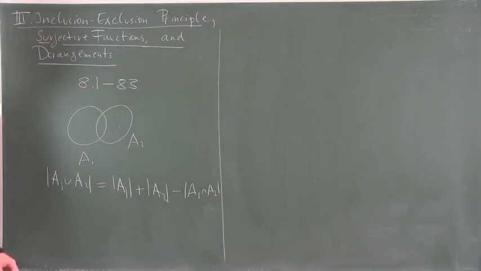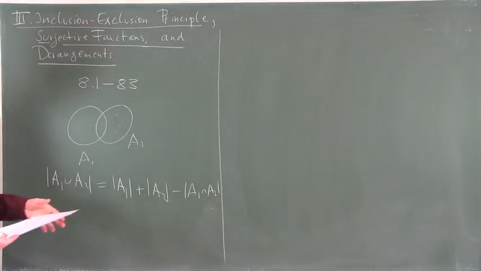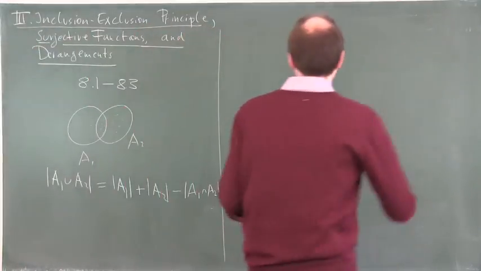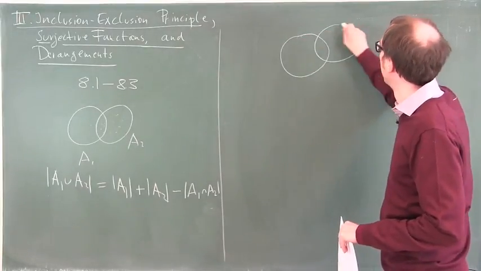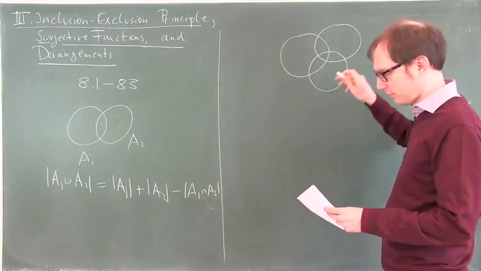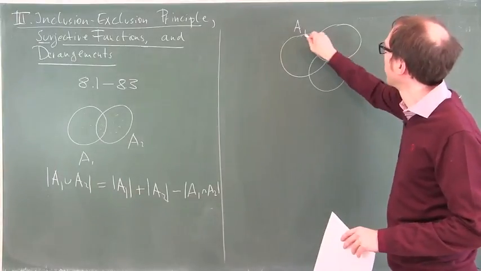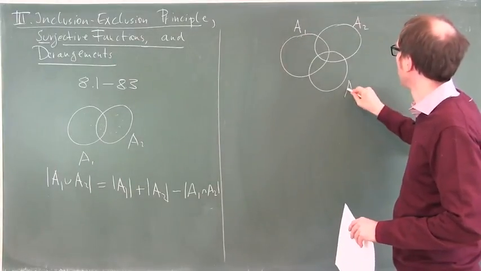Okay, I guess you might say this is kind of obvious, but now let's do this for more sets. Not only for 2 of them, but maybe for 3 of them. So let's call these A1, A2, and A3.